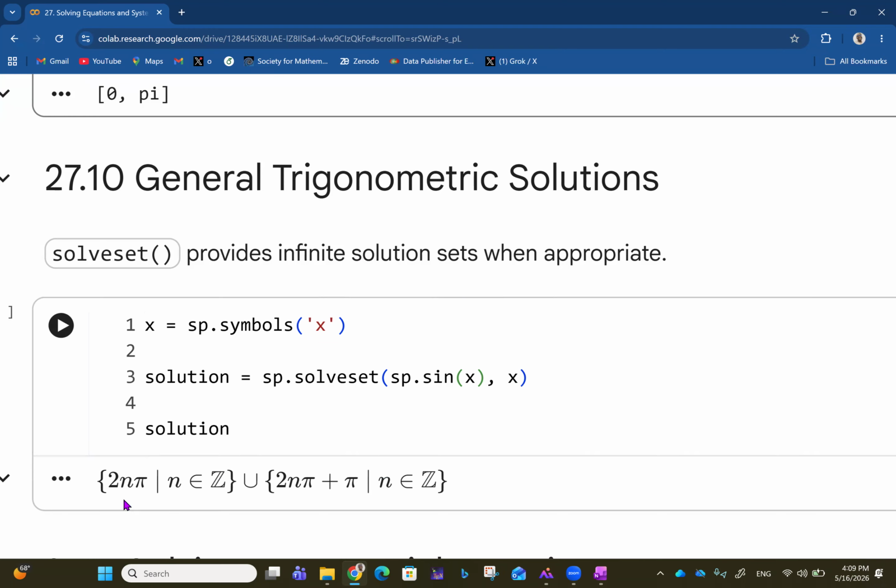In this case, you have 2n pi, given that n is an integer, union 2n pi plus pi, given that n is also an integer. So you have this collection as a solution in that case. As long as n is an integer, these are the possibilities right there.